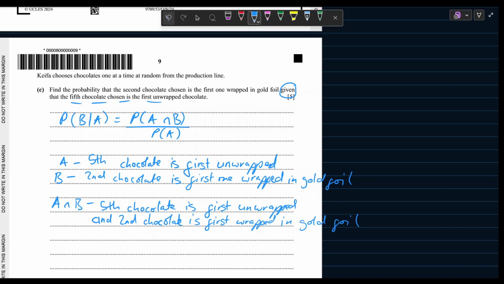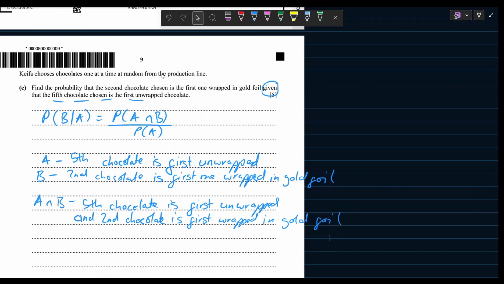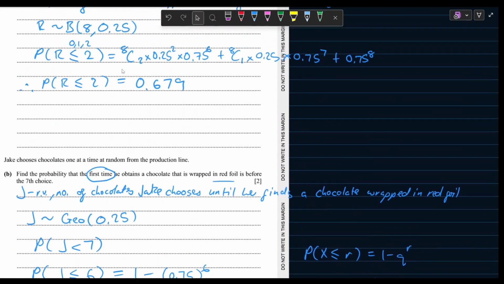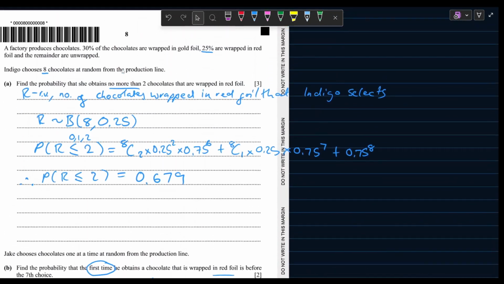So let's start with the probability of A. Fifth chocolate is the first unwrapped. So we can define a distribution for A and say that A, because again we are looking for the first unwrapped chocolate, we're looking for a first success, this would be a geometric distribution. And we're saying probability of getting an unwrapped chocolate is what?